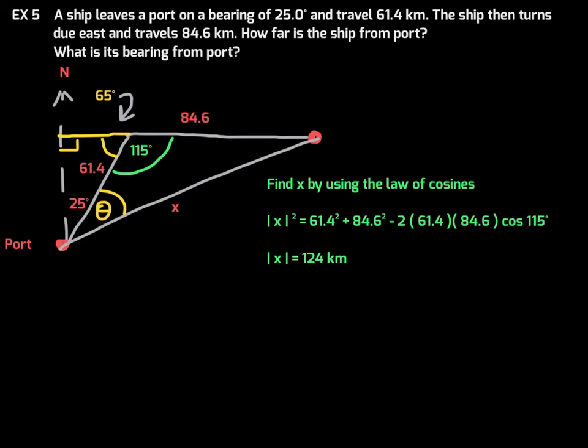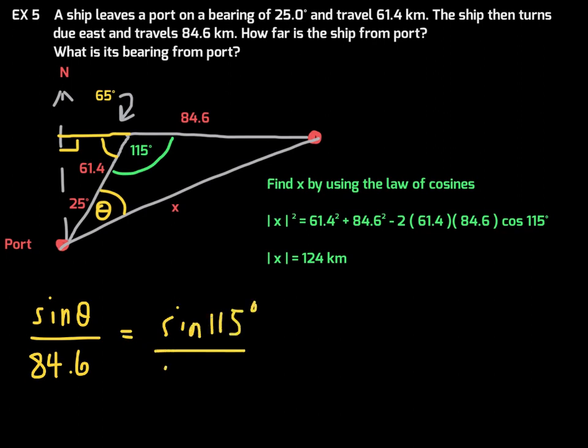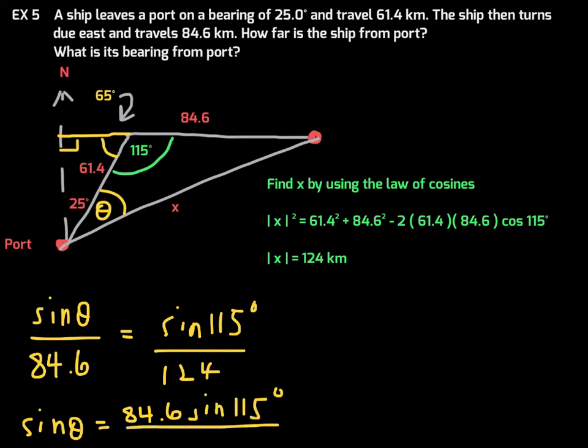Now, I think we can use the law of sines to find theta, can't we? I mean, look at this. Isn't sine of theta is to 84.6 kilometers what sine of 115 degrees is to x, which we now know to be 124 kilometers. In other words, sine of theta will be equal to 84.6 kilometers times sine of 115 degrees, and then all of that divided by 124 kilometers, right?